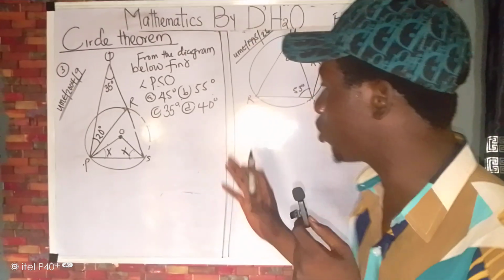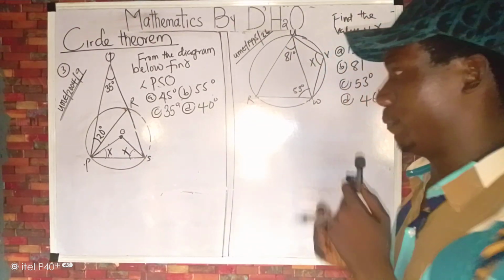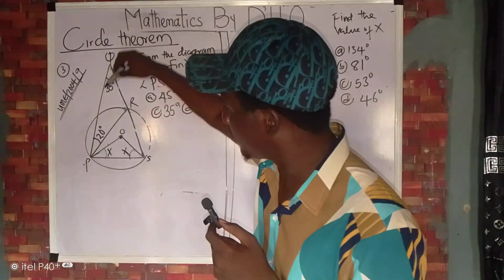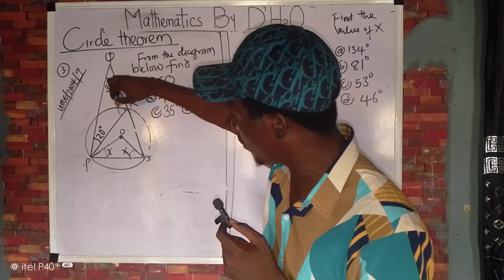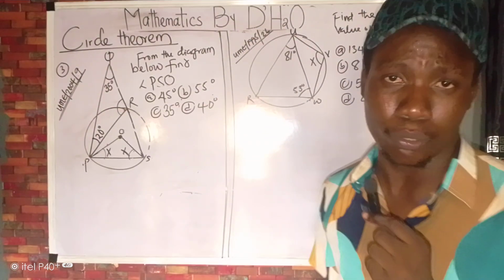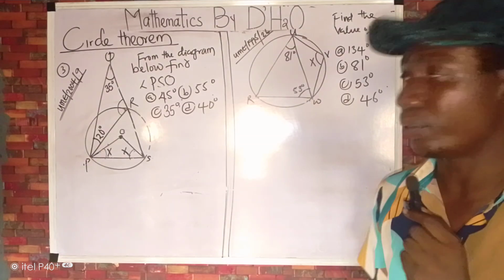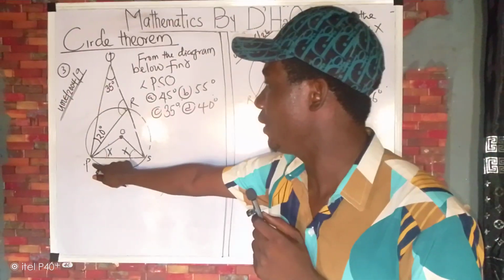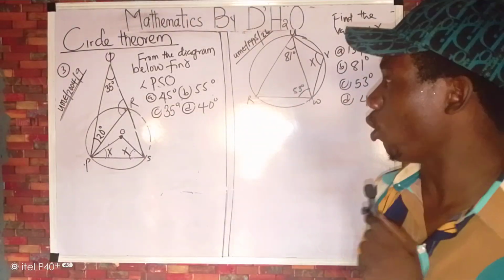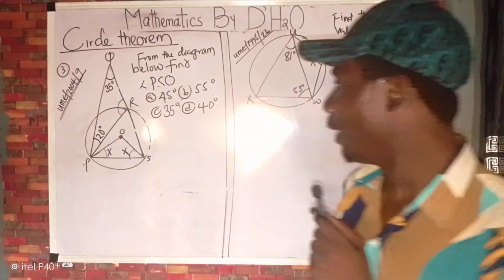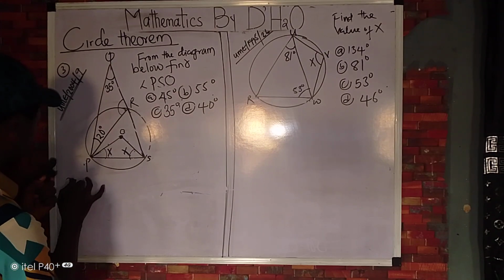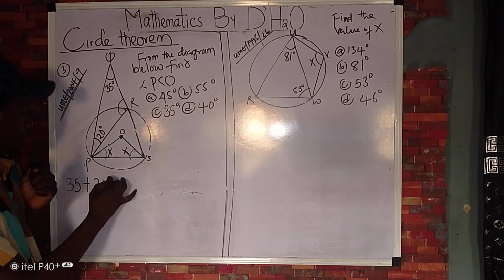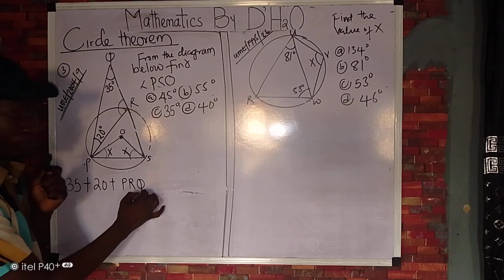Now let's solve this question carefully. Remember again that this angle 20, 35, and this angle here will give us a triangle, which is 180 degrees. Is that clear? So I'm going to call this angle PQ. That's what I'll call this angle. Now we have 35 degrees plus 20 degrees plus PQ equals 180 degrees.